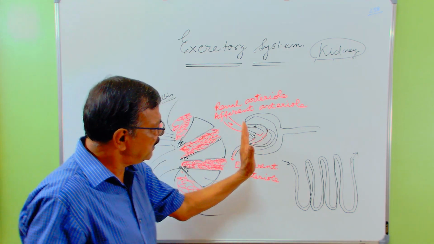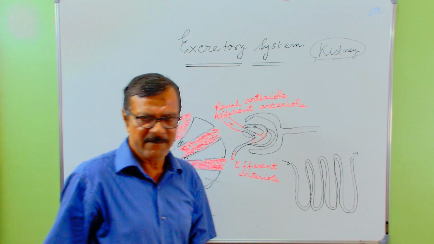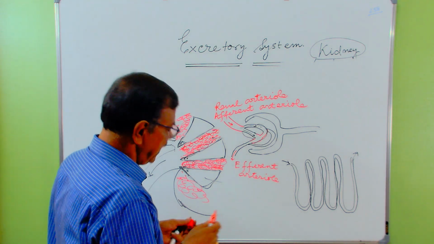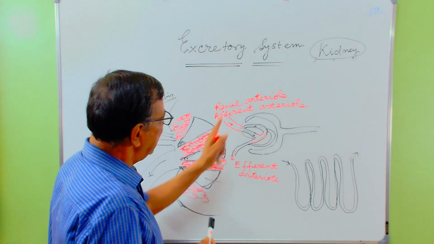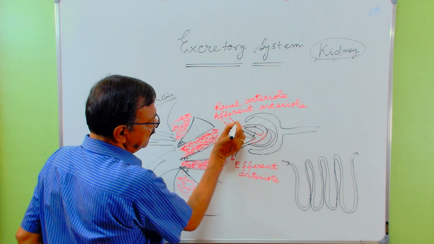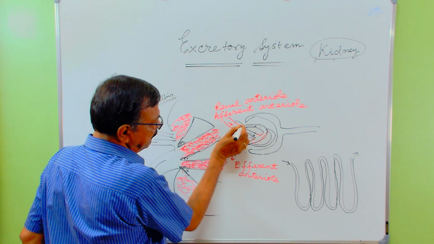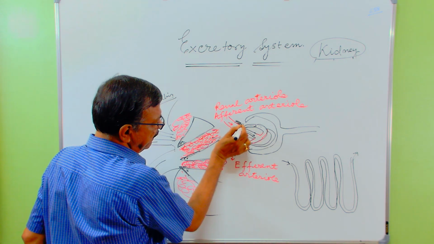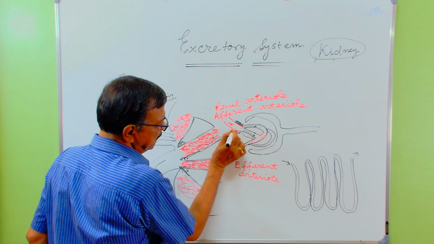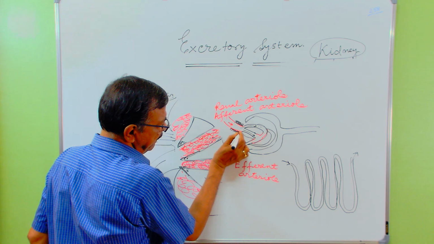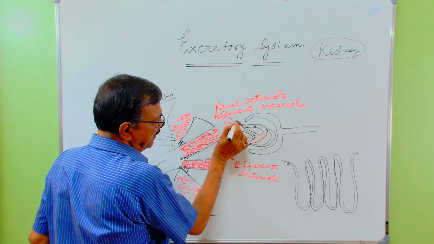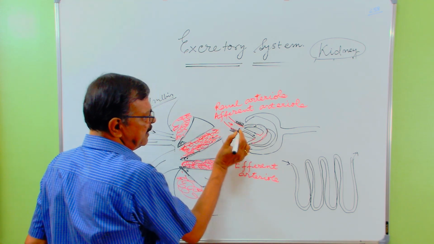Now, whenever it filters out, why will it filter? Why will it go out? The problem is that whenever the afferent arteriole enters, it has a cuff-like muscle just at the entry. The afferent arteriole has cuff-like muscles.